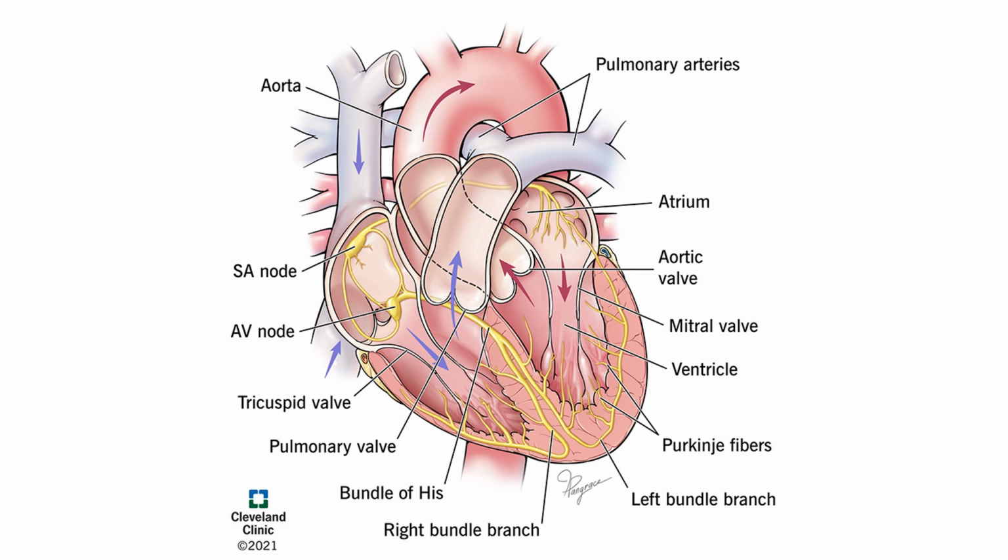The conduction fibers are what ensure that all of the cardiac fibers that are a part of the lower chambers of the heart can more or less contract in unison. And they do that by propagating the action potential through them so quickly, right?